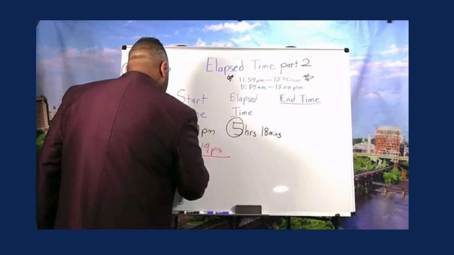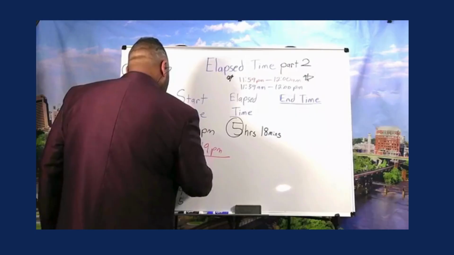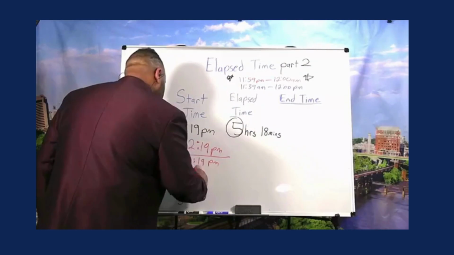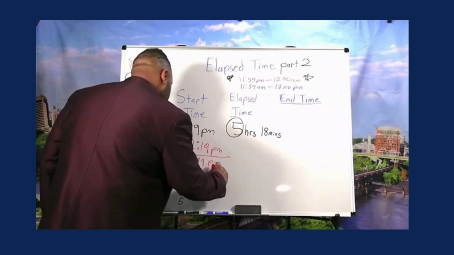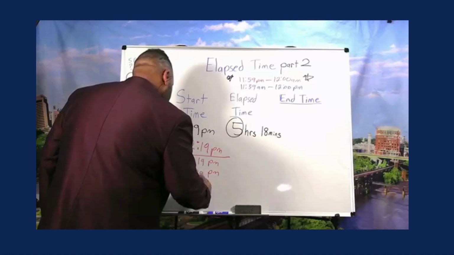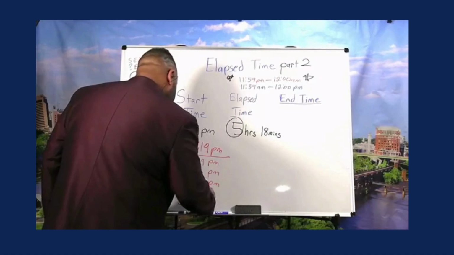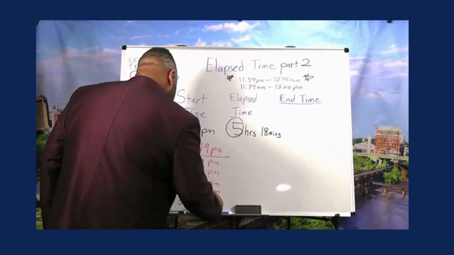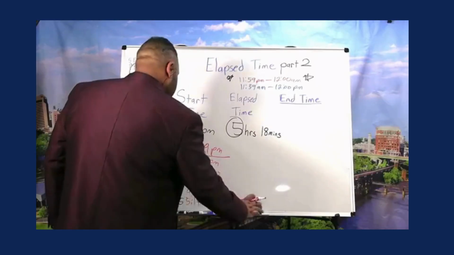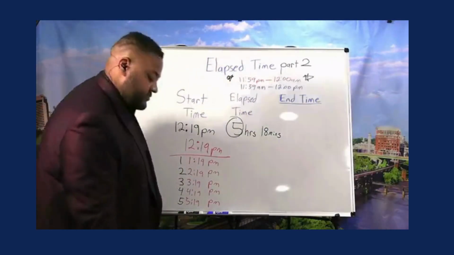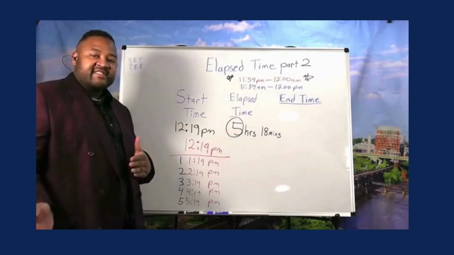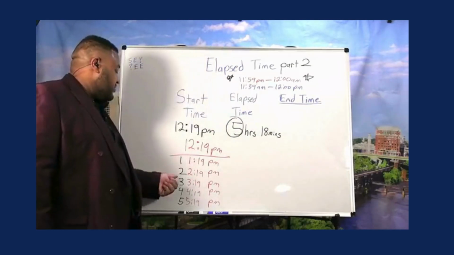We come out to 12:19, 1:19 p.m., 2:19 p.m., 3:19 p.m., 4:19 p.m., 5:19 p.m. That's it, folks. That's my 5 hours of elapsed time right there. 1, 2, 3, 4, 5.